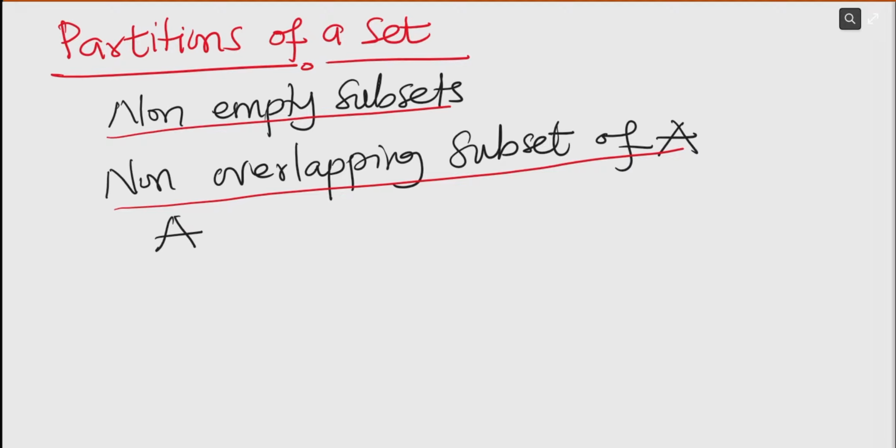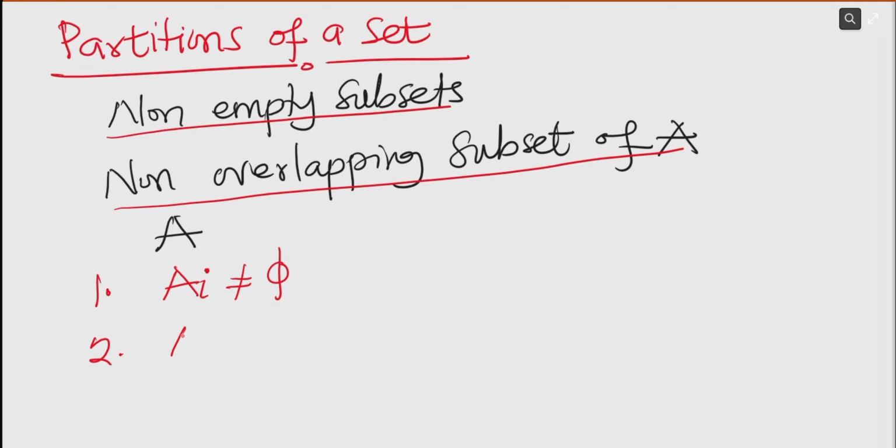So, some partitions of A: 1, for Ai. Let's say Ai is among the partitions of A, it means Ai is not an empty set.